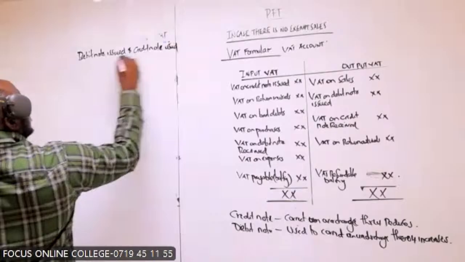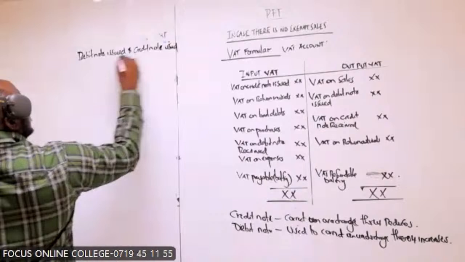Together, team. So I'm basically saying that when I have a debit note issued, this should increase the sales. Is that understood? But when I have a credit note issued, this should reduce.